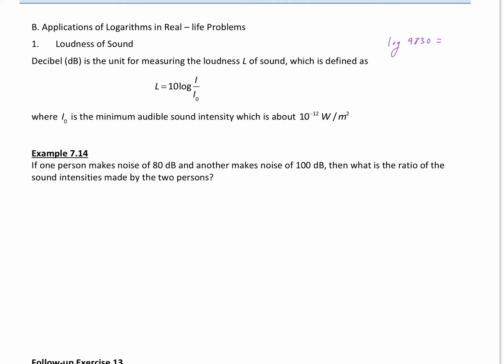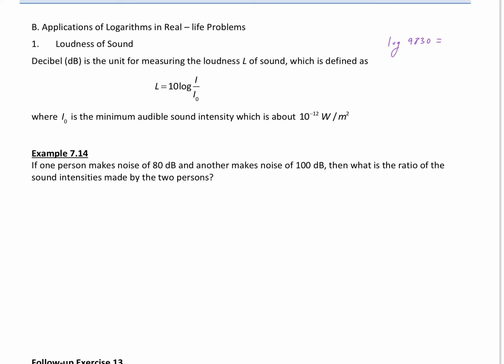In our daily life, sometimes the values of a variable are very large or very small. Then we can make good use of this meaning of log. We try to scale down or scale up those values because the value is very small or very large. I want to use these two examples.